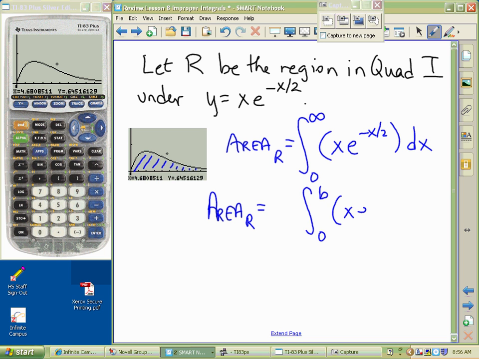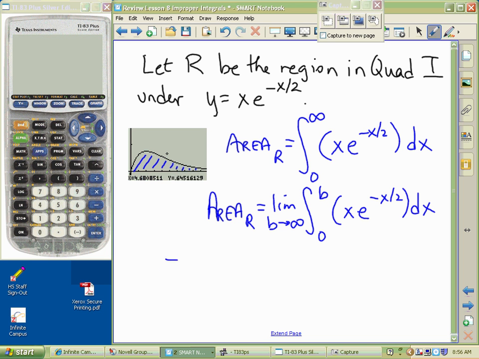I'm going to take the integral from 0 to b, and then I'm going to control the growth of b. I'm a control freak. So we integrate from 0 to b and take a limit as b approaches infinity. That's how you have to answer it in a free response section. You have to answer it by showing the limit of a definite integral.